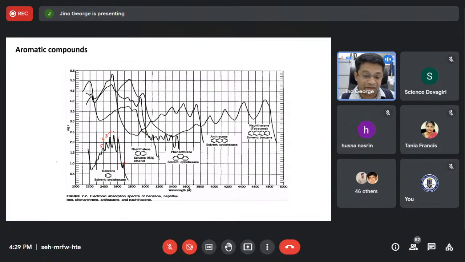This is one of the reasons that benzene shows these fingers. It's very clear. You can have a Franck-Condon transition, 0 to 0, 0 to 1, and 0 to 2, and so forth, that you normally see in benzene.